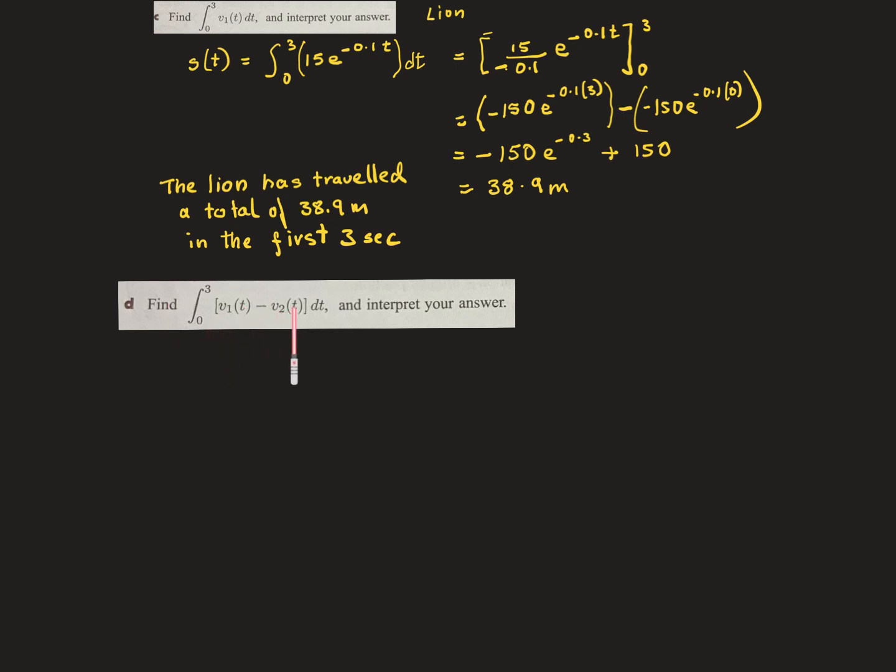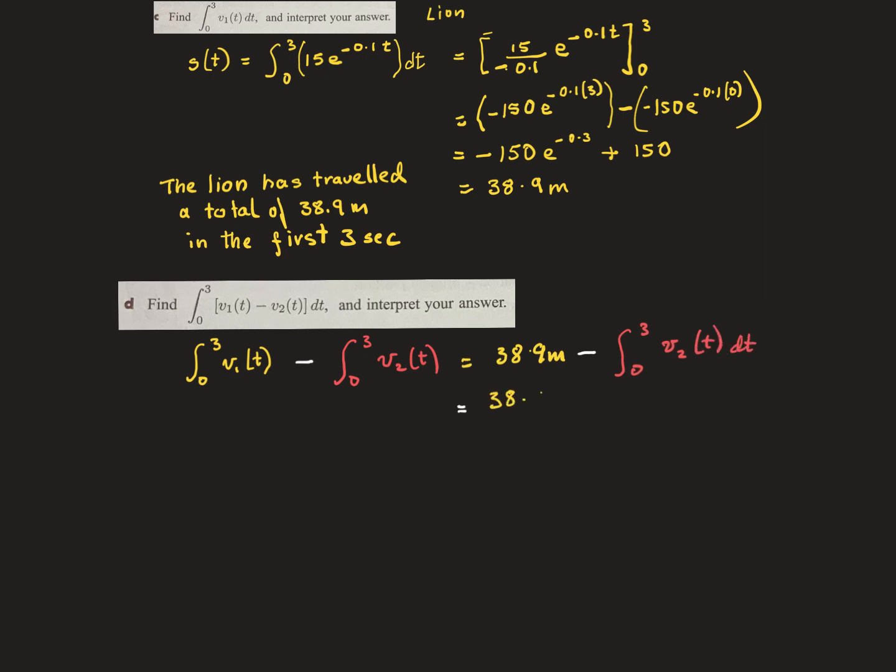We can separate them. And this means that we're looking at the distance that the lion travels in the first 3 seconds, which we've already calculated, minus the distance that the zebra travels in the first 3 seconds. So we could write that down again and say that is equal to 38.9 meters minus the integral of the zebra.